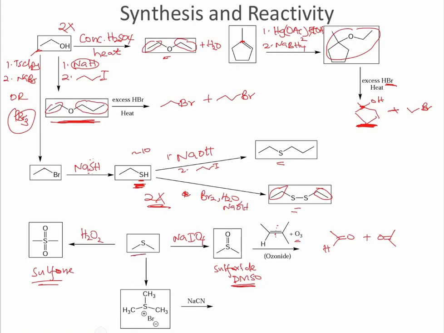The sulfide here usually acts as an alkylating agent. So if you have a nucleophile like cyanide or any nucleophile that could be able to attack an electrophile and have a carbon-carbon bond formed, then the sulfide helps to do an alkylation.